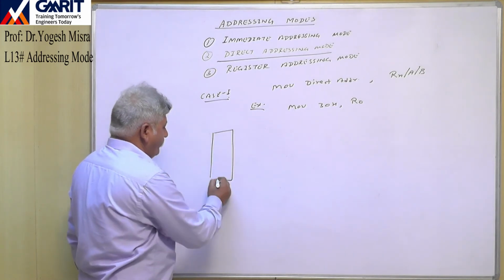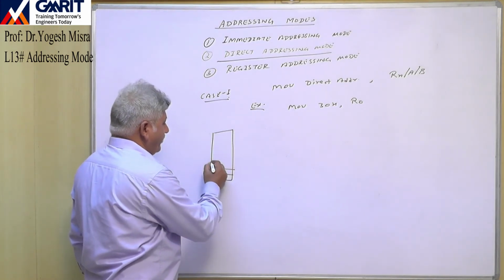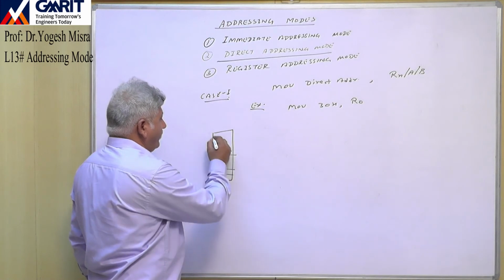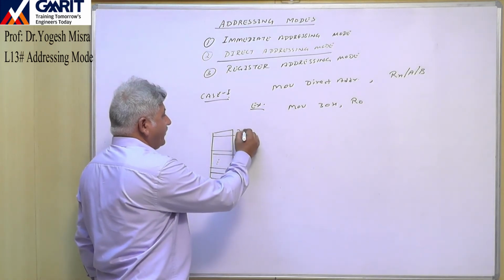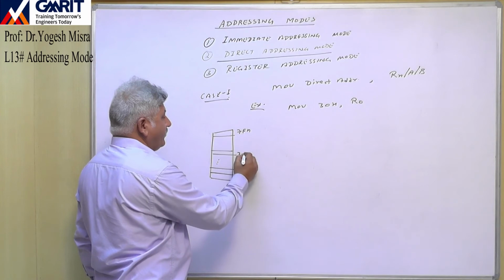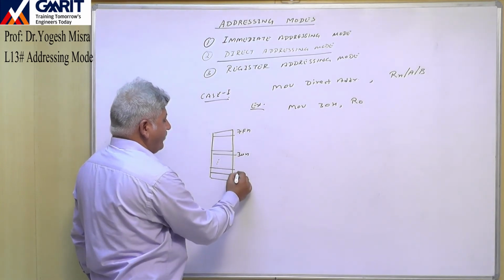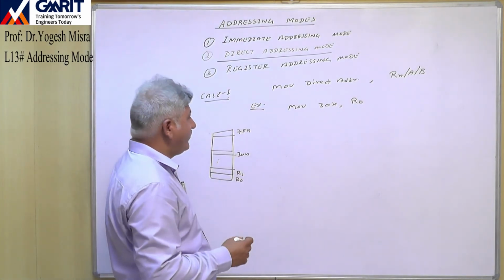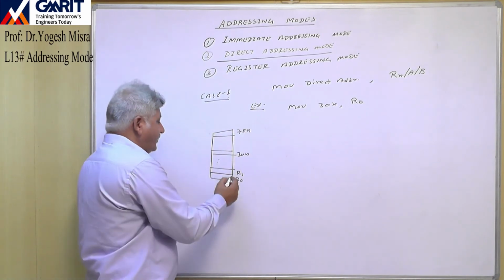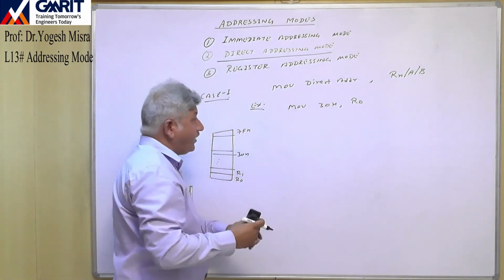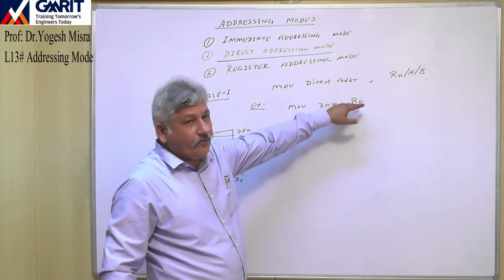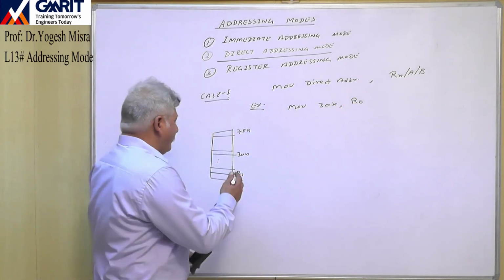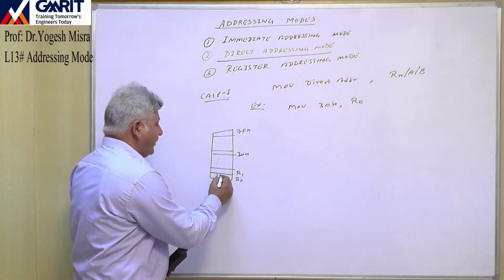Suppose let us assume this is the internal RAM, this address is 7FH, this is 30H, this is register R0, this is R1, like this. And in R0 register, R0 is of bank 0. By default it is bank 0. Suppose in R0 we are having some value 23H.